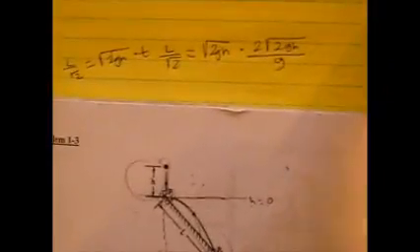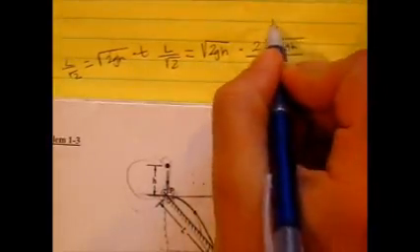We had found that L over rad 2 equals rad 2gh times time, and that's what we had for time, our t.